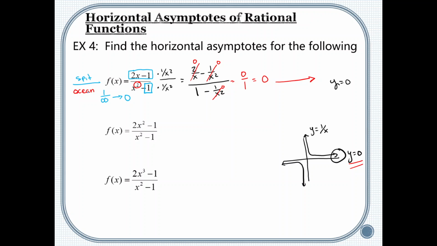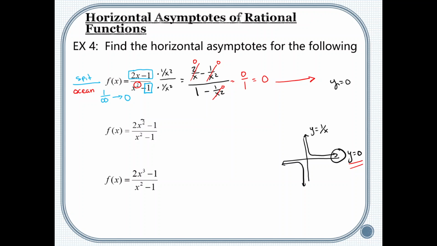So if the largest exponent and the controlling piece is in the bottom, that's where the ocean is, then it's going to go to 0. If you think about the ocean, that's a lot of water. If you just spit in the ocean, that's such a negligibly small amount of water that you didn't change the amount of water. And so the ocean is the controlling piece. So now let's look at this next one.